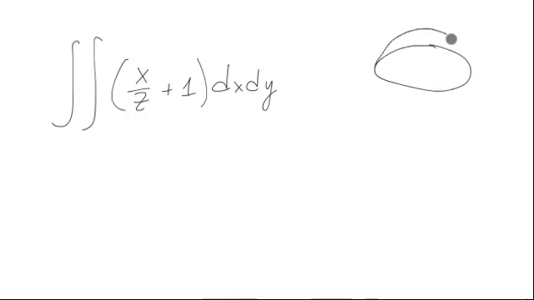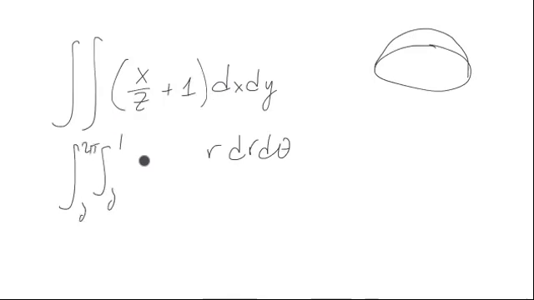The unit sphere in there is just a circle. And so we could just convert this to polar coordinates and do r dr d theta, going from 0 to 1, 0 to 2 pi, and think about, so x is r cosine theta, and z is actually the square root of 1 minus r squared.